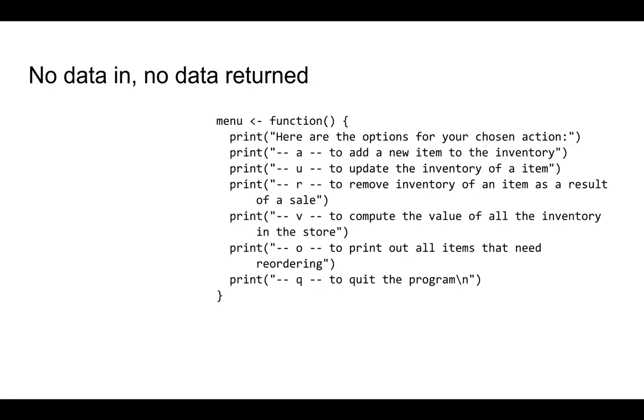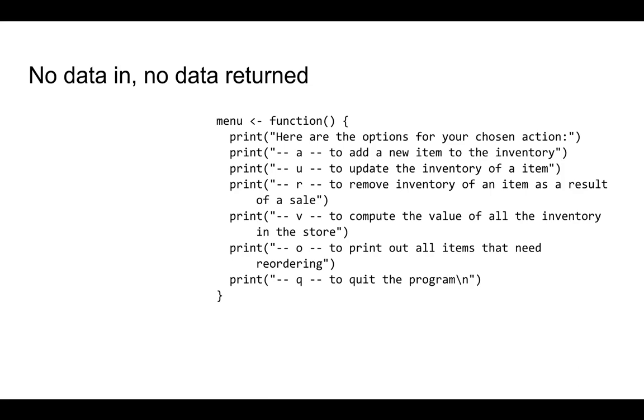We'll start with the simplest situation, a function that has no parameters, so it receives no information when it is called, and it returns no information. A function like this would be useful if you wanted to create a nice user interface for your program, perhaps by displaying a menu of options for the user.